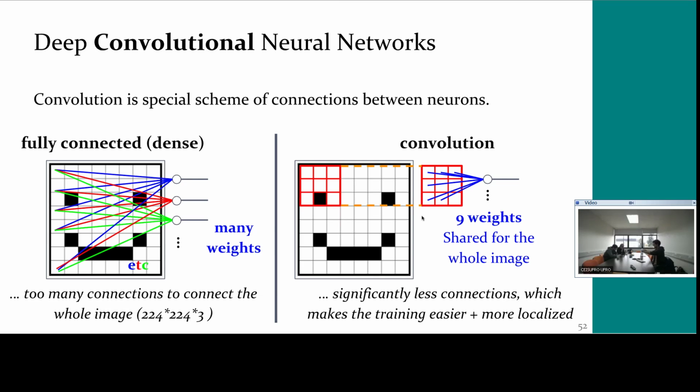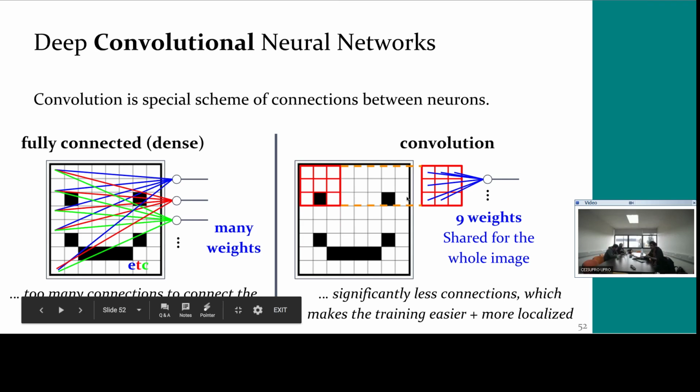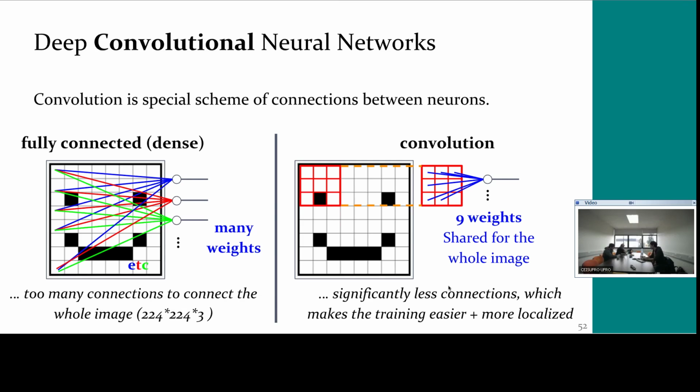And this area is being shoved around the image, basically calculating for each of the pixels, but the weights, the 9 numbers, are not changing. For one convolution, we just have 9 weights. It's as simple as that. So this is significantly fewer connections. Instead of the many thousands here, we have just 9, much nicer. So it makes the training much easier.